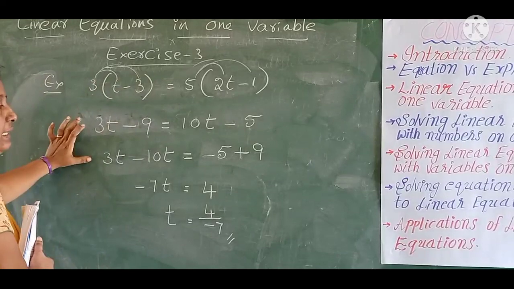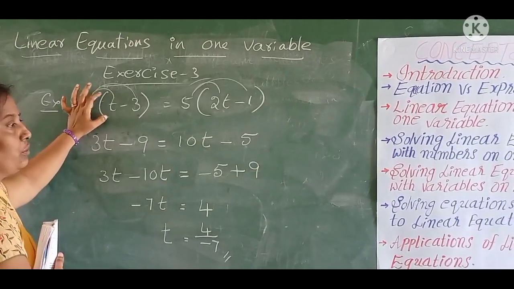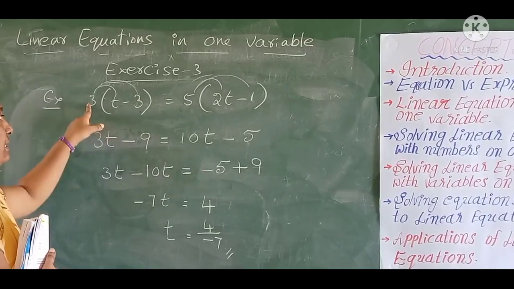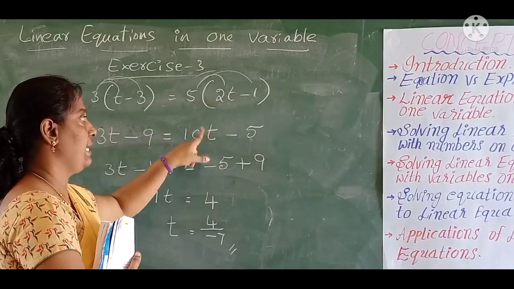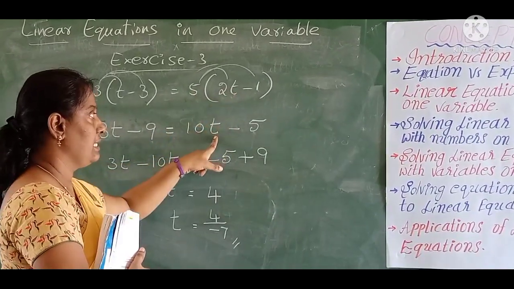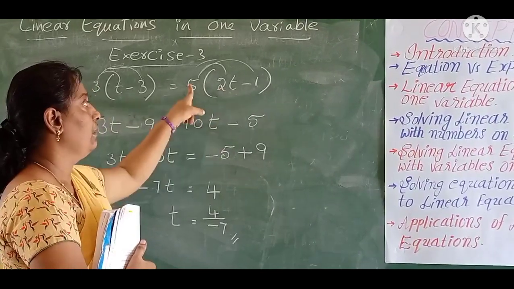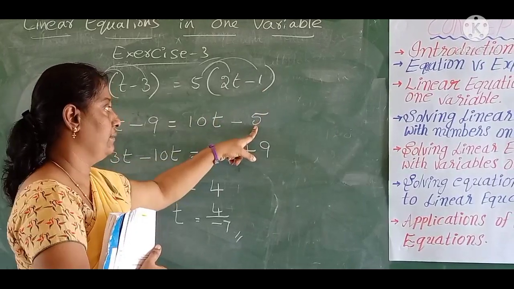To remove the brackets: 3 into t, 3t, minus 3 threes are 9, is equal to 5 into 2t, 10t, minus 5 ones are 5.